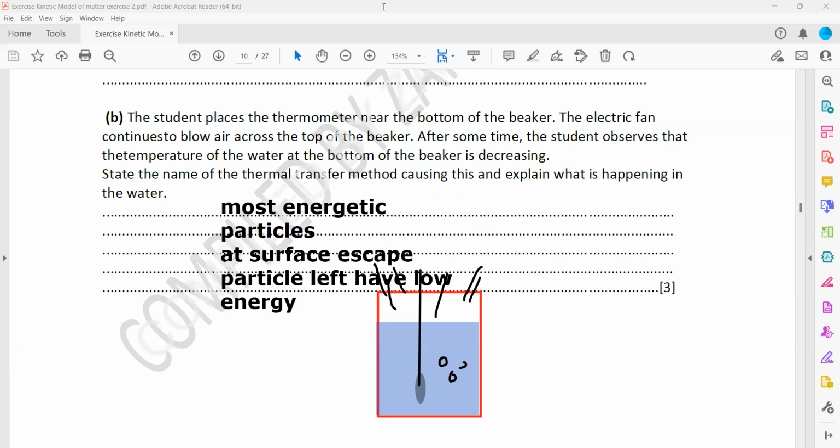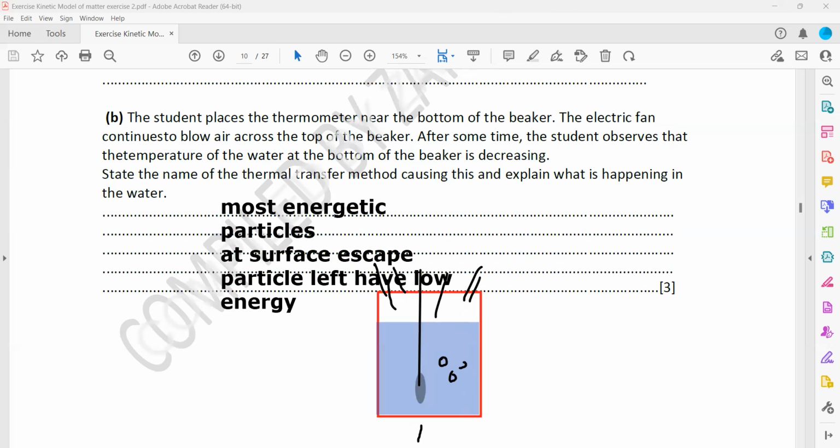Convection is normally used when we are supplying heat energy. If I supply heat energy from the bottom and the substance turns into vapor, that time you will use convection: particles gain energy, density becomes low and they rise. But here we are not supplying energy, we are just blowing air over the surface.